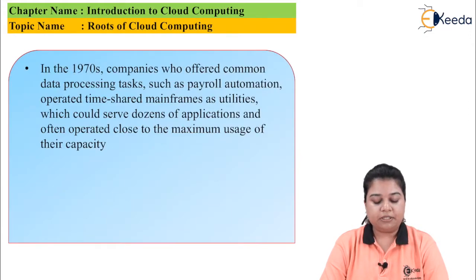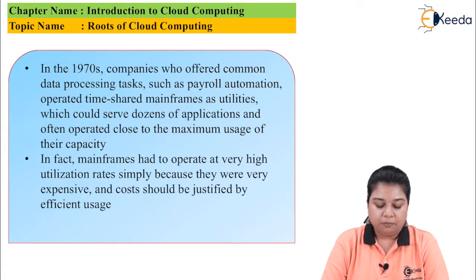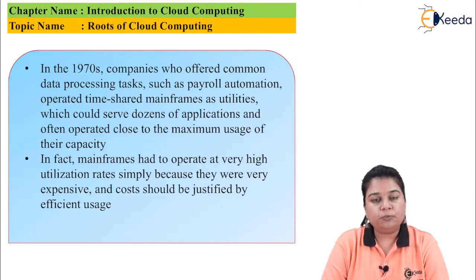In the 1970s, data processing tasks such as payroll automation operated on time-shared mainframes as utilities, which could serve dozens of applications and often operated close to the maximum usage of their capacity. In fact, mainframes had to operate at very high utilization rates simply because they were very expensive and costs should be justified by efficient usage.